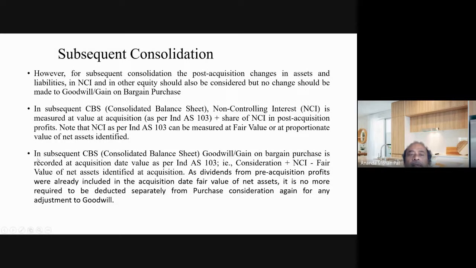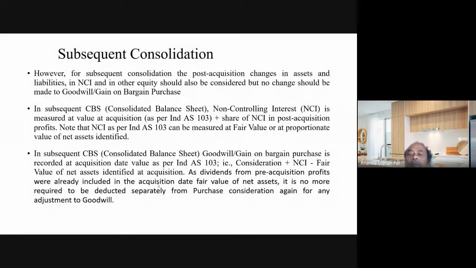In the subsequent consolidated balance sheet, goodwill or gain on bargain purchase is recorded at the acquisition date value as per Ind AS 103, that is consideration plus NCI minus fair value, whatever formula you have used already.